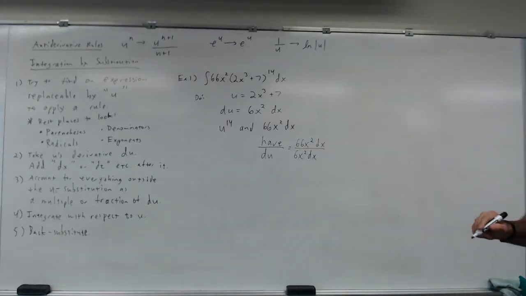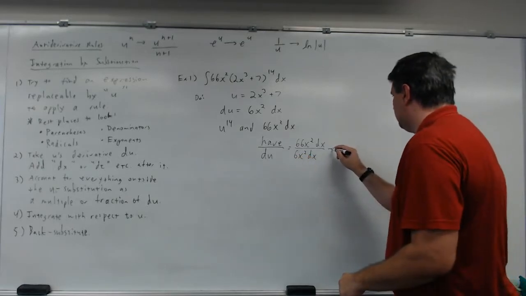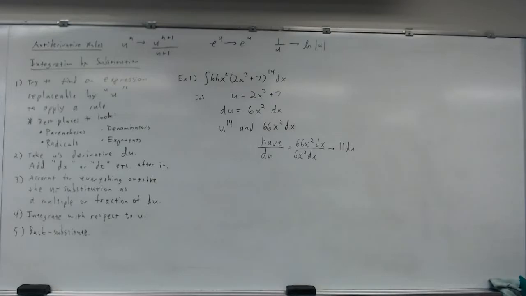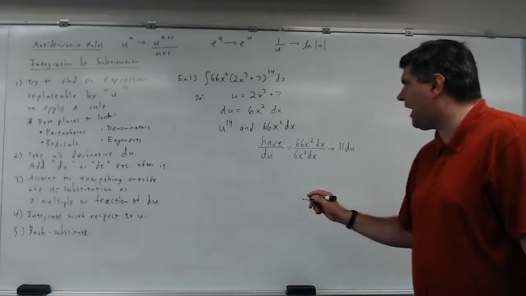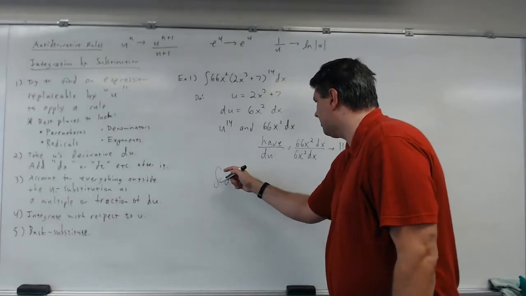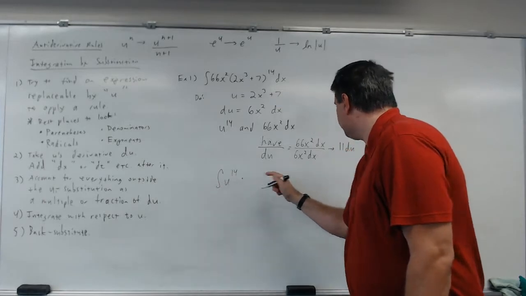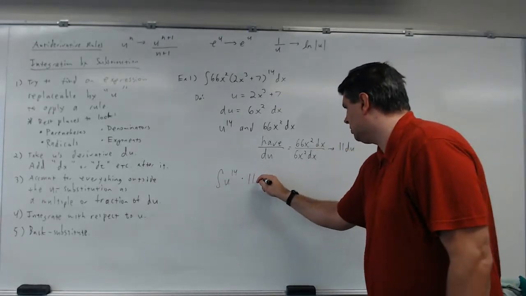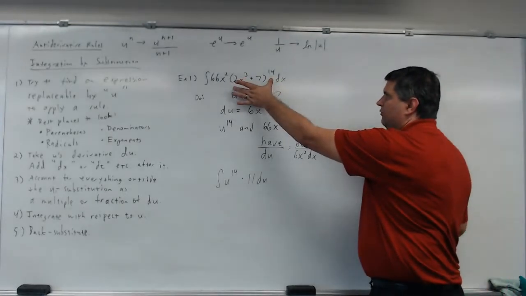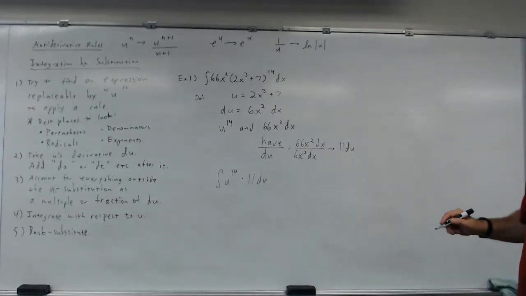So 66 divided by 6 is 11, and I'll tack on a du. So what I have is the integral of u to the 14th times 11 du. That accounts for all of this. This is the u to the 14th. This is 11 du.